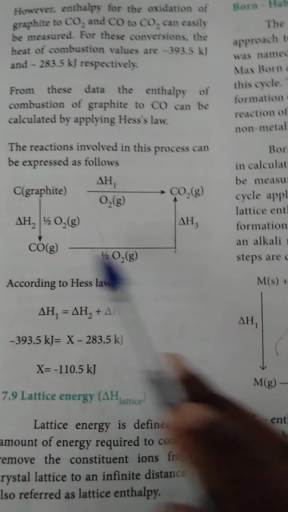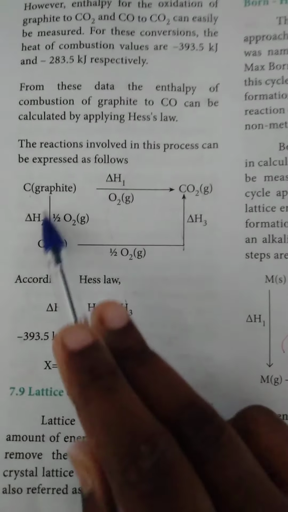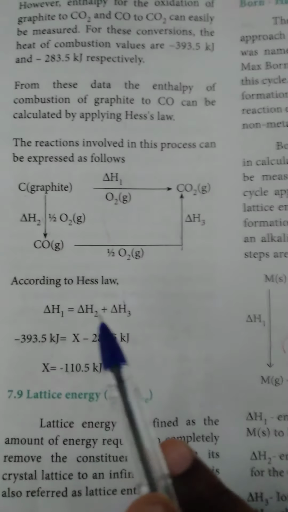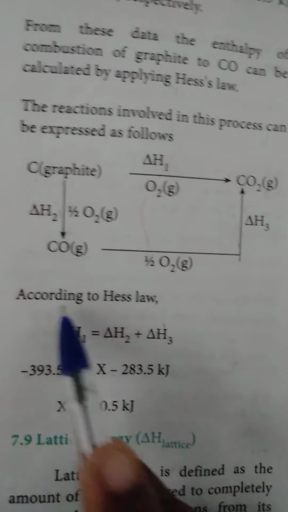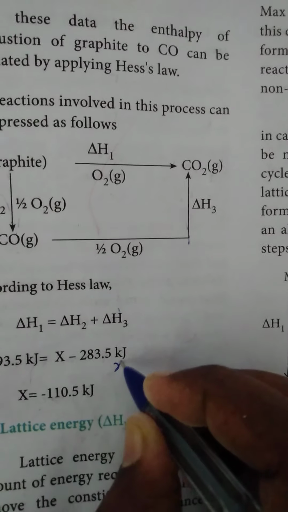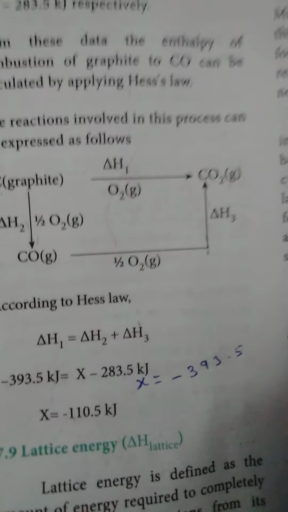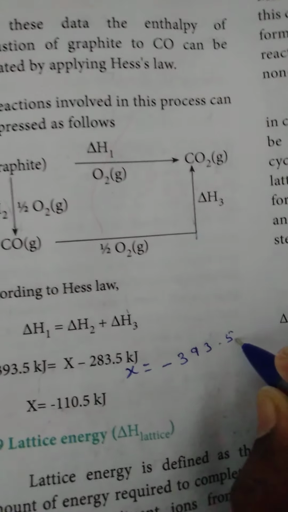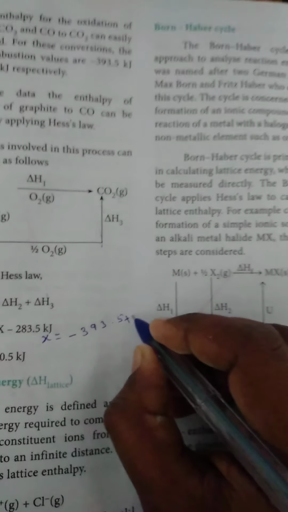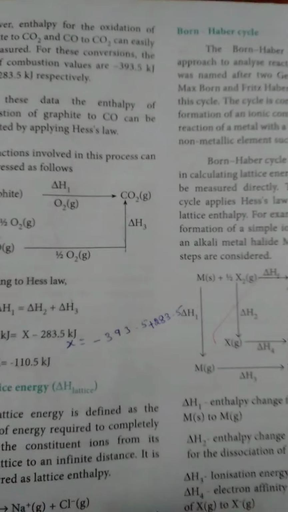Only delta H2 are you going to calculate. These two values are known and this value is unknown, so you can calculate x. Here x is equal to delta H1 minus 393.5 plus delta H3 value 283.5.